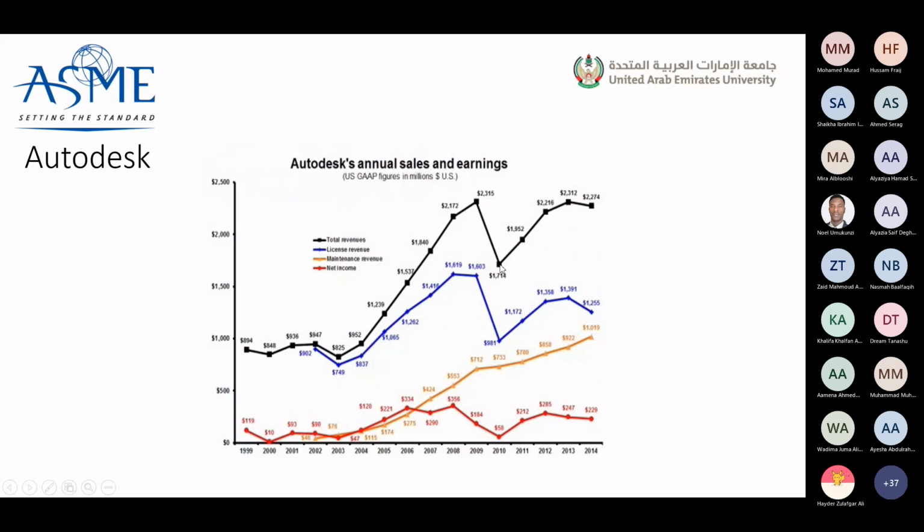Now there is an increase here, and this is very interesting because in this era, Autodesk started to produce other softwares related to AEC, or architecture and construction, like Autodesk MEP and Autodesk BIM. Now most of the architecture and construction industry is using Revit, which is also under Autodesk.